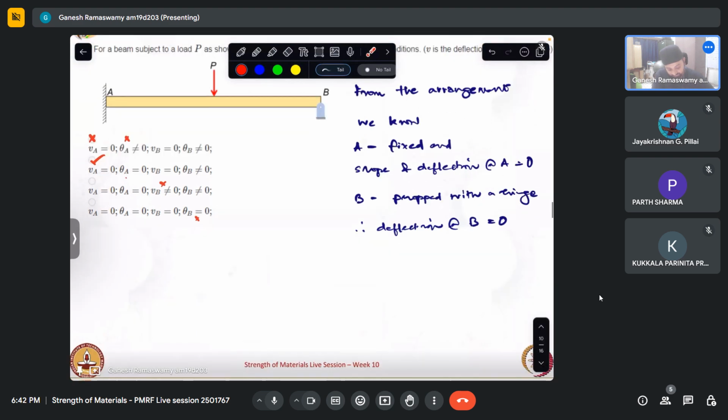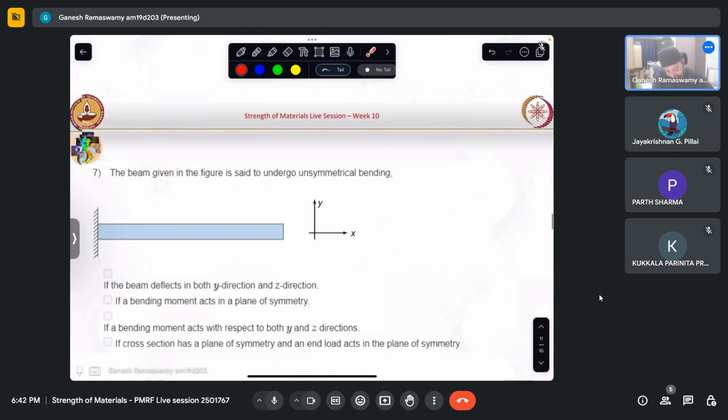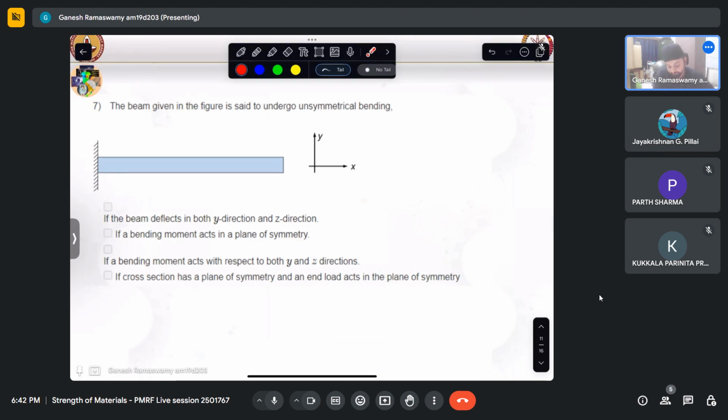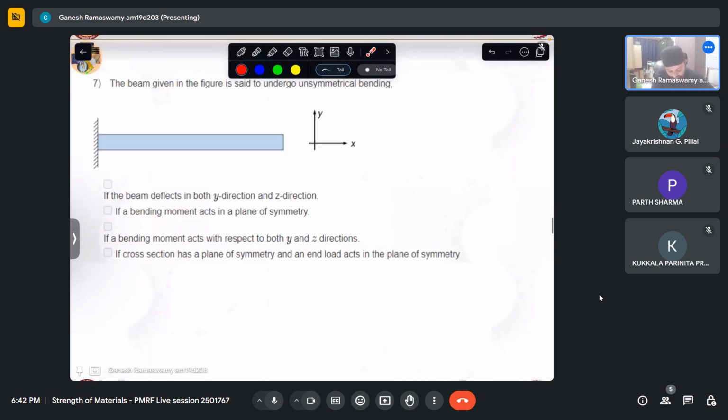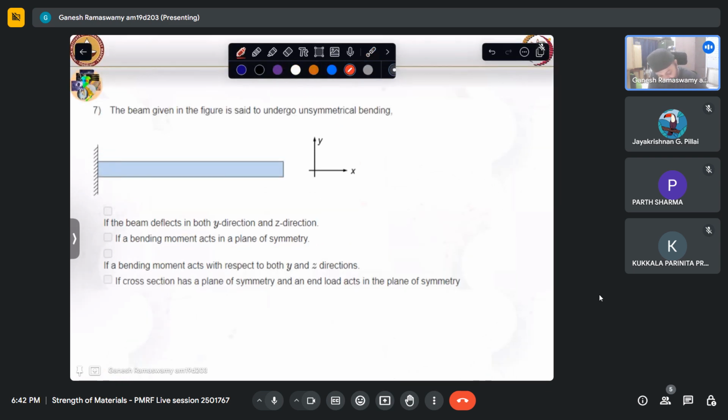All right, so let us look at this question. The beam given in the figure is said to undergo unsymmetrical bending if the beam deflects in both x and z direction. So what are we talking about here? If I were to cut a cross section like that, and for the sake of this example, I'm again assuming this to be a rectangle.